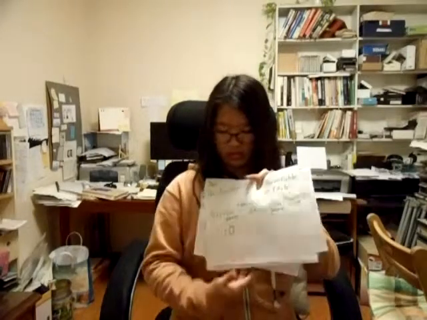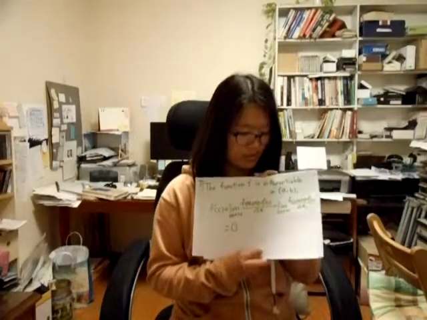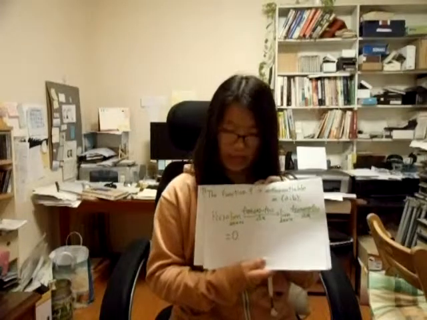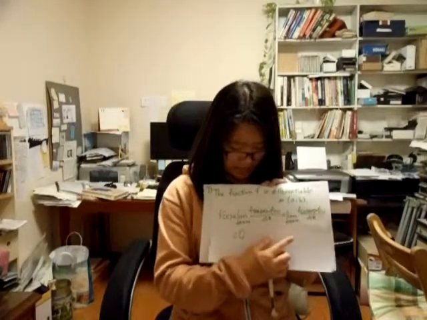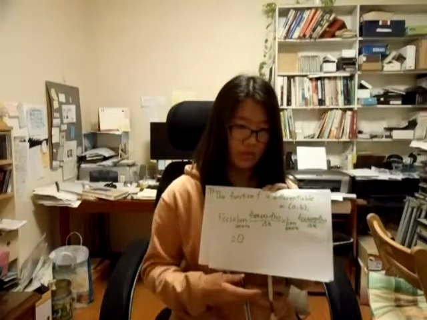And the function f is differentiable on interval (a, b). f'(c) is equal to these two limits, and then it is equal to 0.